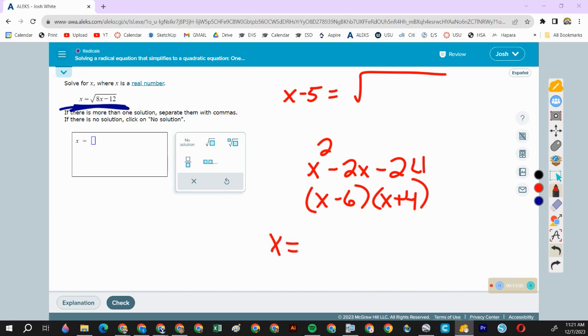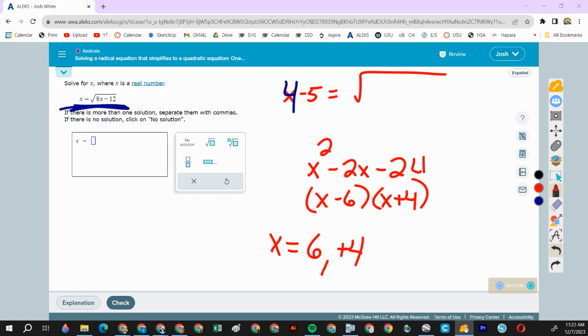So I get x equals 6 and negative 4. Are those okay? 6 is, but negative 4 isn't. What if it was a positive 4? Would positive 4 be okay? Look carefully. 4 is not okay. If I put a 4 here, it's still negative on that left side, and that would break the equation.